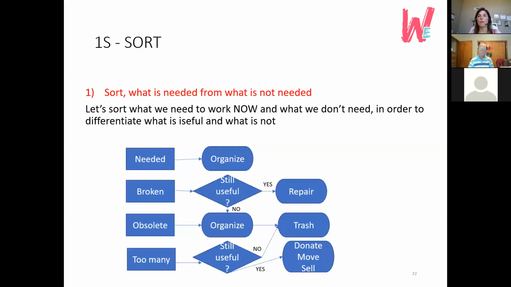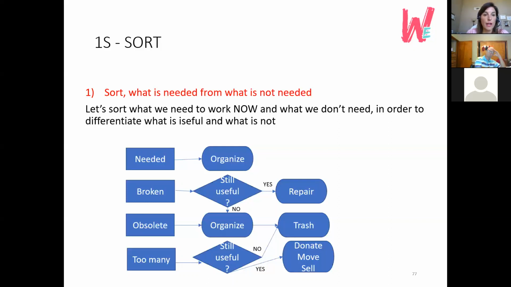Every time we have a new machine, okay, sort the things that we used to use for the previous machine, get rid of them, or organize them, or do something with them, but don't just leave them there. If it's not part of the process, we keep accumulating all the tools for all the machines that we had in the world, and then the toolbox is full, or the drawers are full.